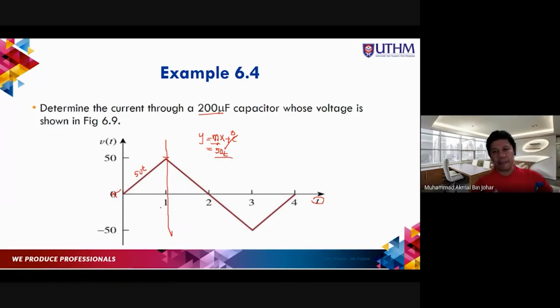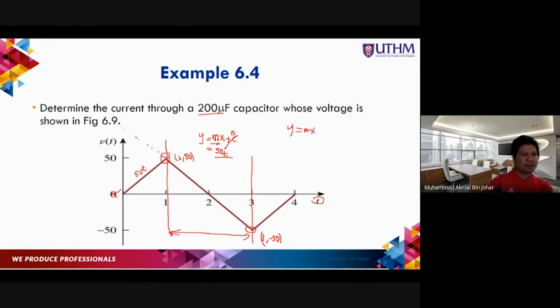So from 1 to 3 seconds, this is a clear straight line equation. So from 1 to 3 seconds you can derive one equation. If we extend this, you have the coordinates of this point, 1, 50, and this is 3, negative 50. So you can build the equation y equals mx plus c because it is a straight line. What is your m value?